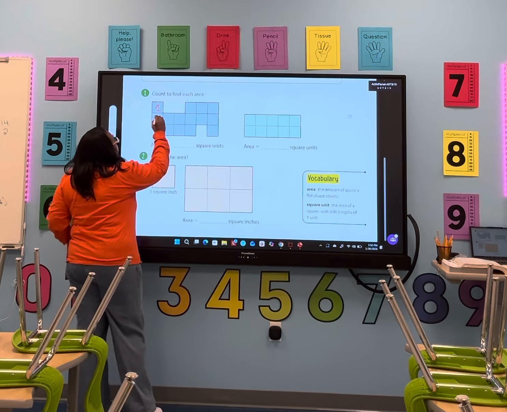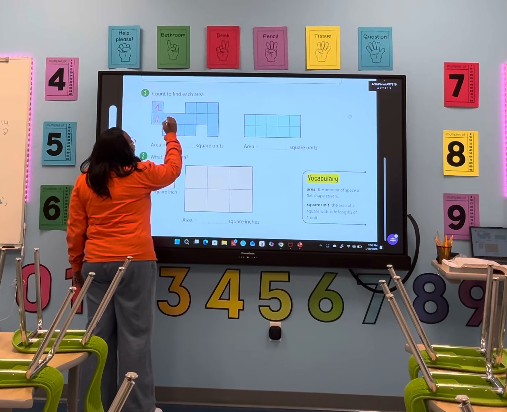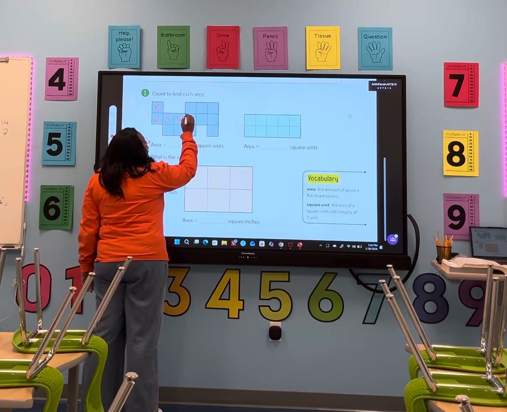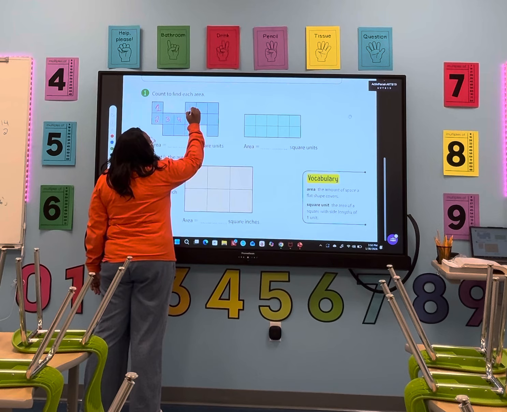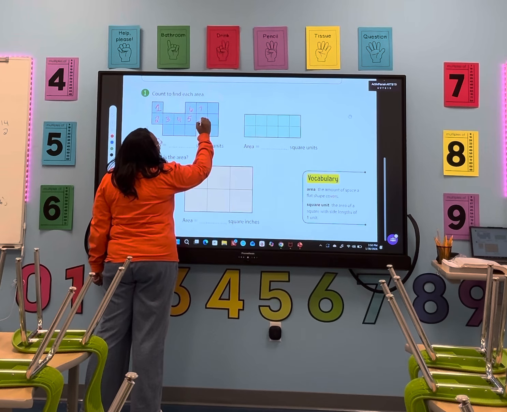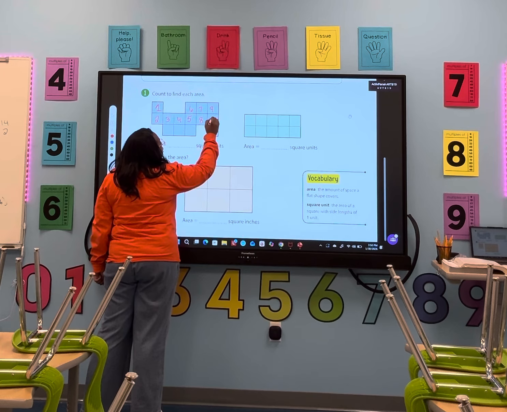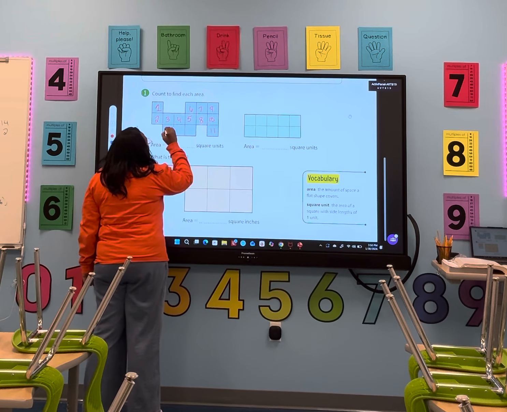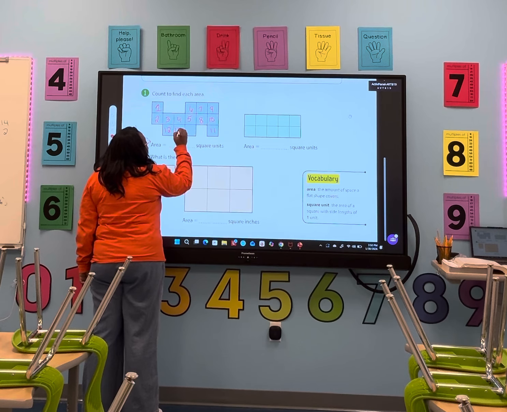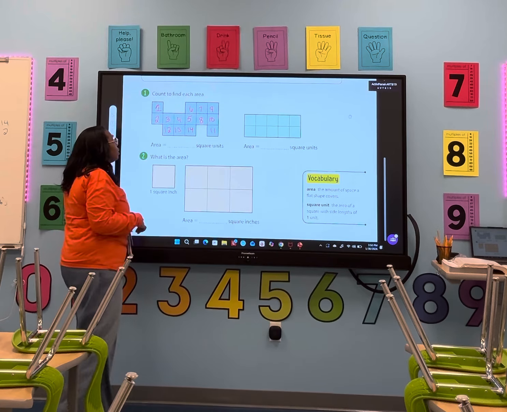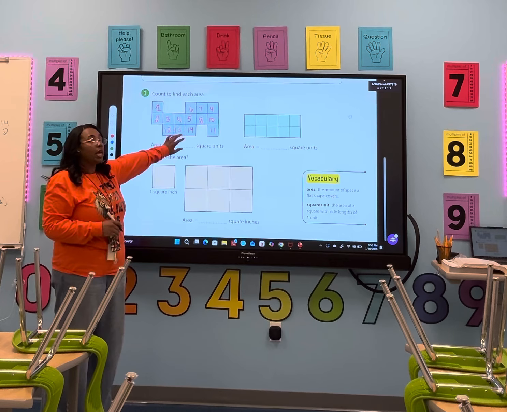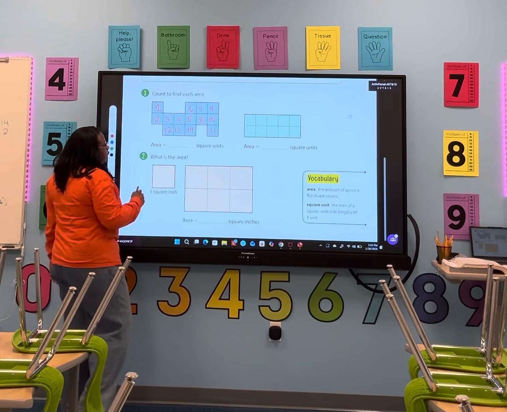Okay, so this is 1, 2, 3, 4, 5, 6, 7, 8, 9, 10, 11, 12, 13, 14. So that means the area for this shape would be 14 square units.